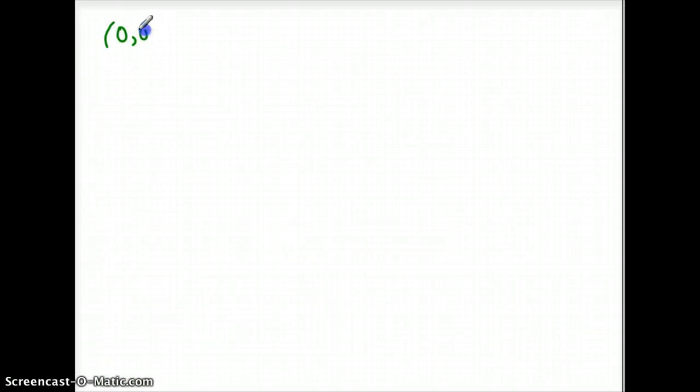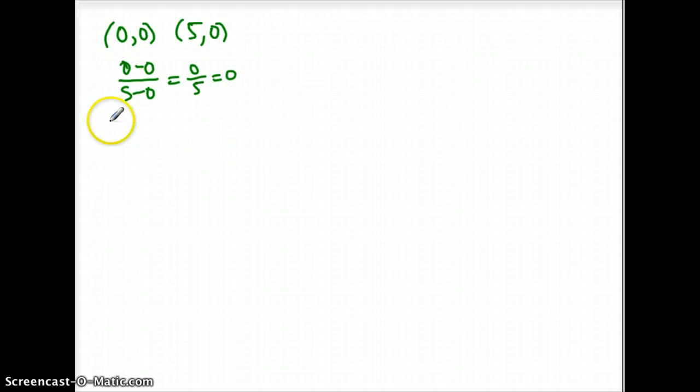So the equation that goes through the point 0, 0 and 5, 0, y2 is 0 minus 0 over 5 minus 0, 0 over 5 is 0, so the slope of that line would be 0. So y equals mx plus b. Put in 0 here and here. So b is 0.